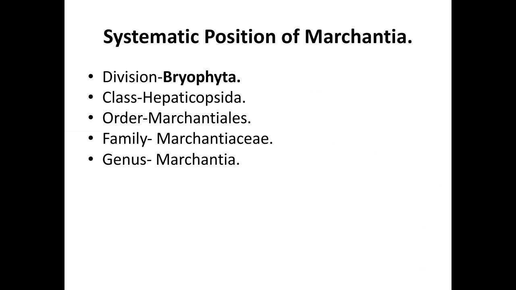They protect the growing points. Then two types of rhizoids, smooth-walled and tuberculated, are present in the order Marchantiales. Then remember Marchantia is put into family Marchantiaceae.